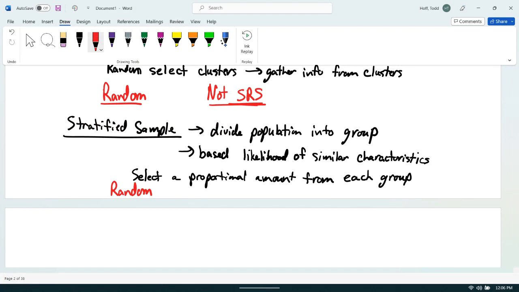This is random. Every person that's involved has an equal chance of being selected. But once again, it is not a simple random sample, because it's not possible to accidentally choose a sample that's all students or all parents. Now you might say, well, that's a bad thing. That would be a horrible sample if it was all parents. Yes, it would.